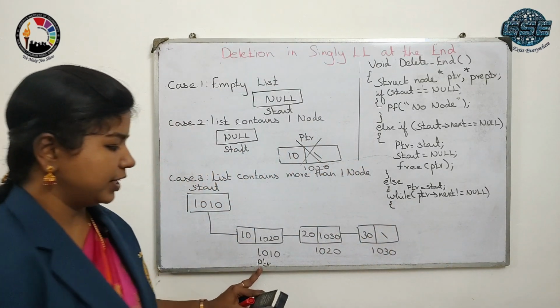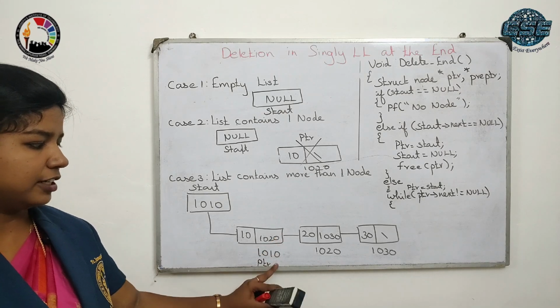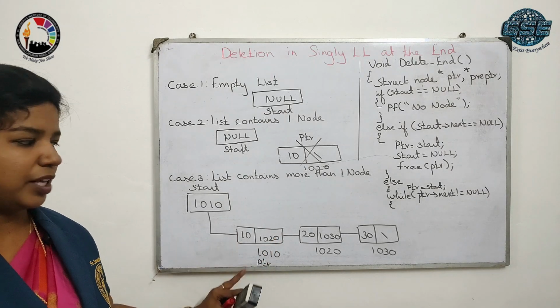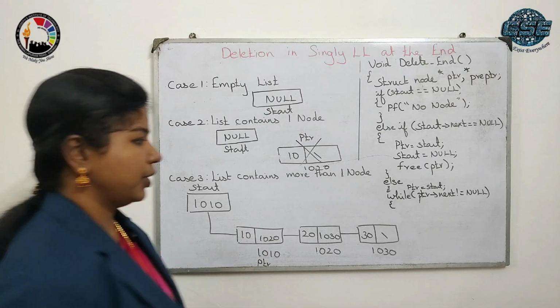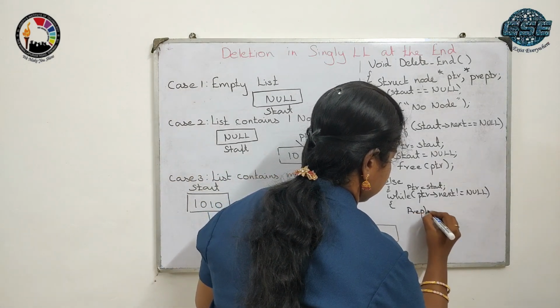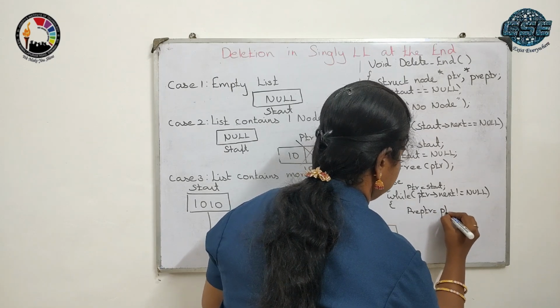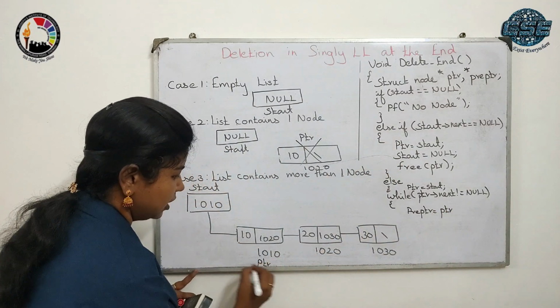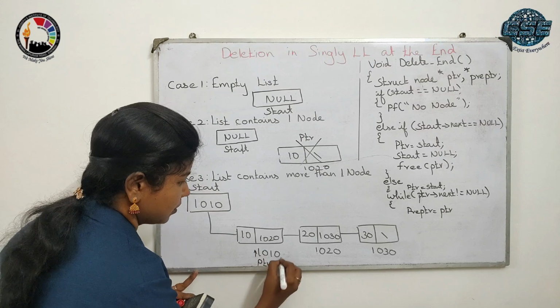When the pointer is here, we have to check the condition, and then we have to make the pre-pointer also point to the pointer. So pre-pointer is equal to PTR.